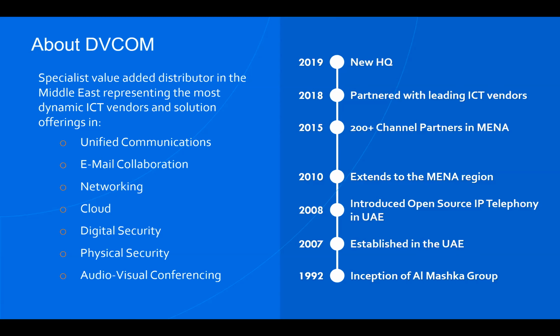Our portfolio has been growing, and we have leading ICT vendors from Europe, USA, and the Far East. In 2019, we moved into our new headquarters at the Atrium Center in Dubai. DVCOM has been closely associated with Yeastar for more than 10 years, and we represent Yeastar Workplace in the GCC. I would like to turn over to Horace, who will be offering more information and details about the Yeastar Workplace.